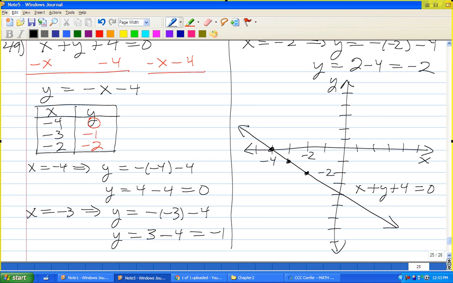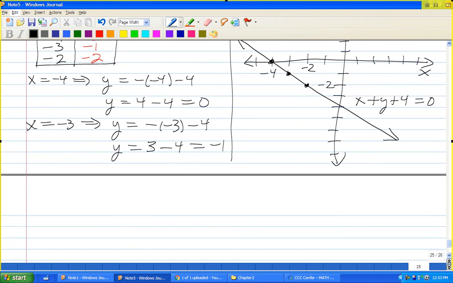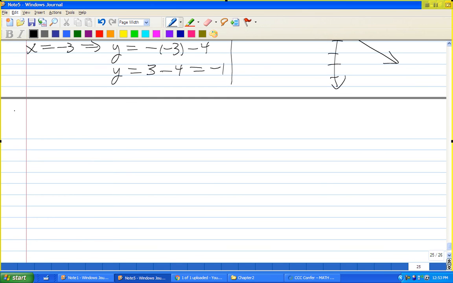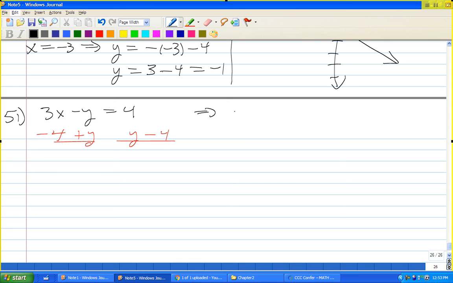Let me do 51. Three x minus y equals 4. Let's add y and subtract 4 from both sides of my equation. So I get here that y is equal to 3x minus 4.